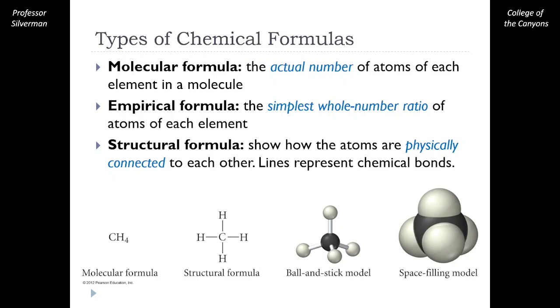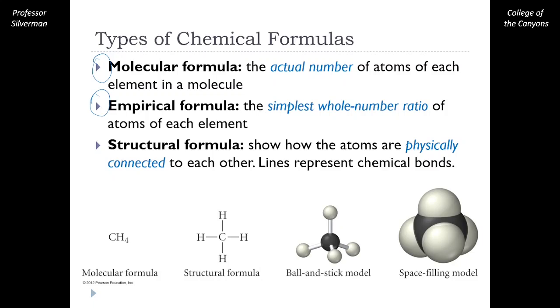We have a number of ways that we can represent our chemicals with our chemical formulas. What we've been talking about so far is our molecular formula, telling you exactly how many atoms of each type are in that molecule. Sometimes we don't have as much information as that, or maybe sometimes we don't need as much information as that. The empirical formula is simplified to only telling you the ratio.